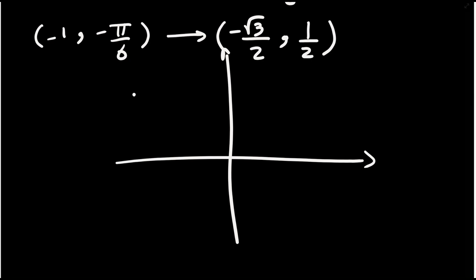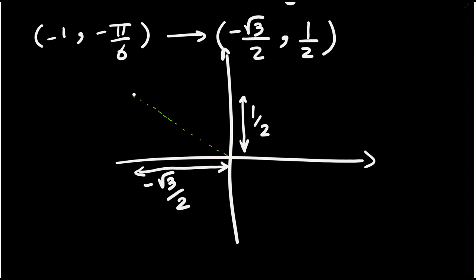This is the point with negative x and positive y. Now, if I choose this one as radius, and I choose theta in the positive direction, this theta is equal to 5 pi over 6. And r is positive.